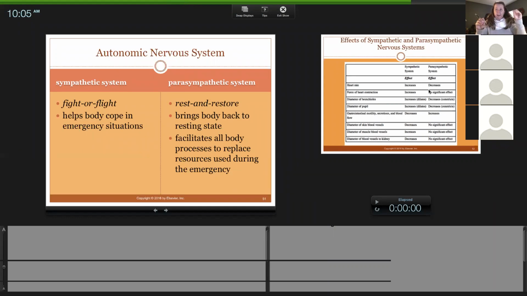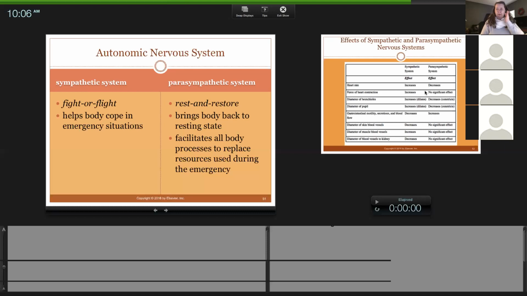You have somatic, which I didn't stress a lot. That's really the control of your body, your muscles, which is under conscious or voluntary control. If I ever say conscious, I mean voluntary. So you can voluntarily do what you want to do. But if we have automatic body functions, that's our autonomic system, which is sympathetic and parasympathetic.